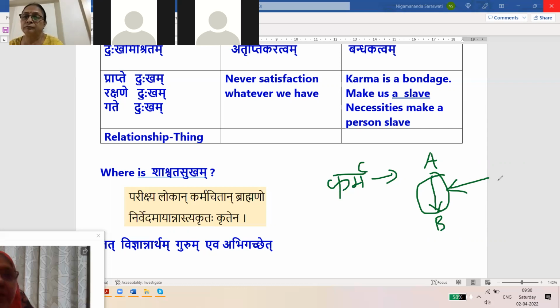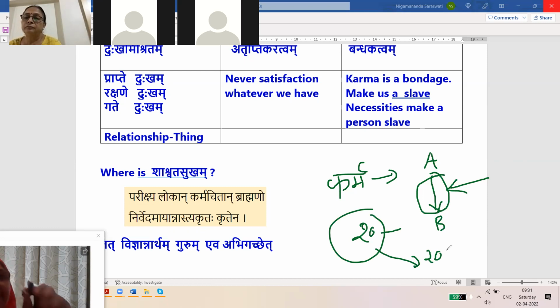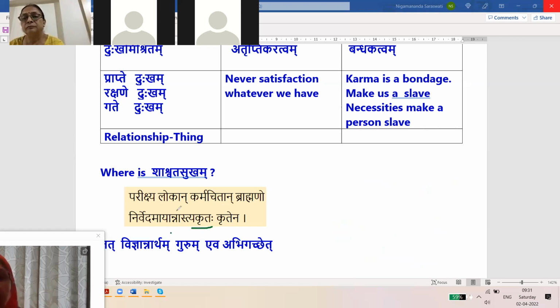If we perform good karma for a long time, even let's say 20 years, the result will also be 20 years only, punya will come. So whatever karma we do, karma phala is always limited. And if moksha could be achieved by limited karma, then moksha would also be gone. If I achieved moksha at the time of A, then moksha would go after some time, because I have achieved it through karma. That's why this person starts thinking, akrutaha krutena nasti.